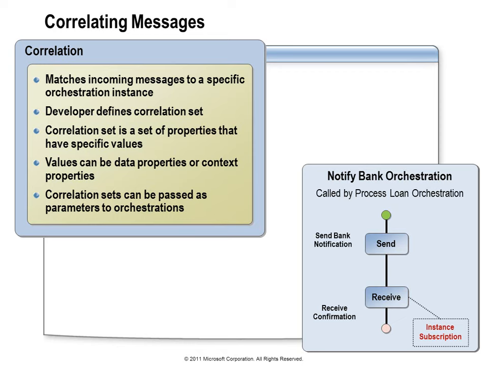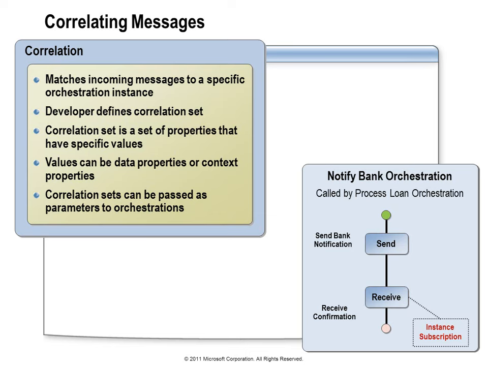So rather than just saying, I am going to receive a message on the bank confirmation port that is of type confirmation, it is going to watch for a specific confirmation. In this case, it may be a customer number and a loan number.